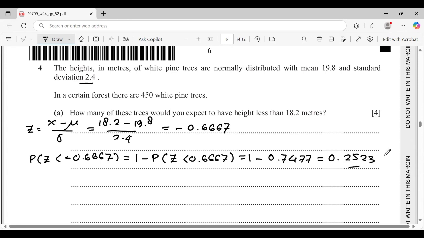And after that, we need to multiply by the total number of trees. This number multiplied by the total number of trees becomes the expected number.